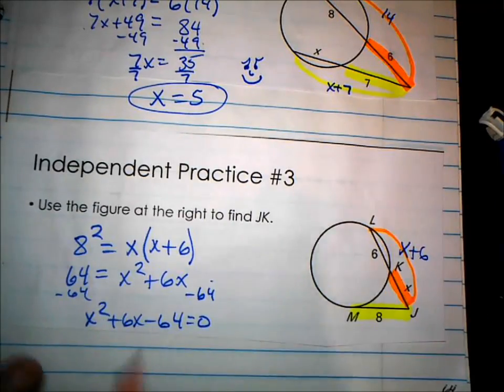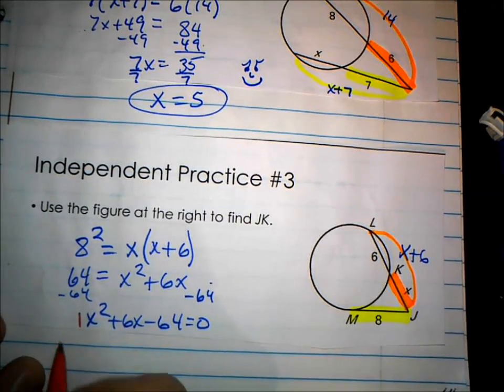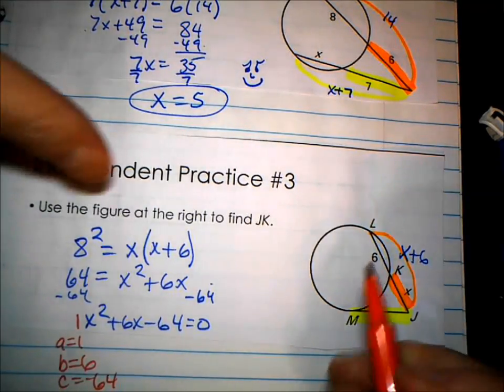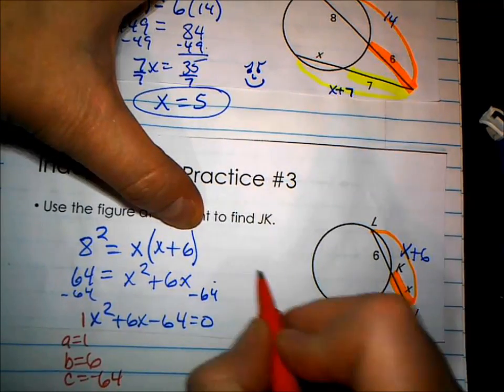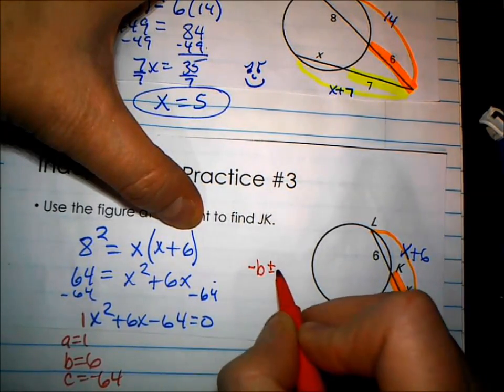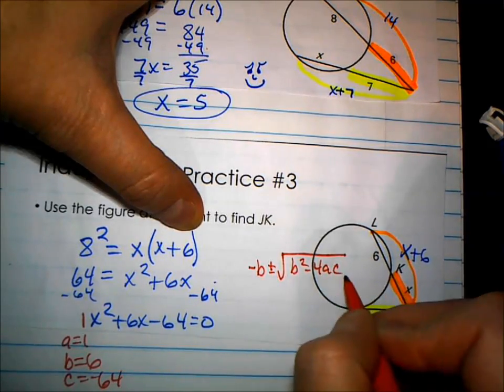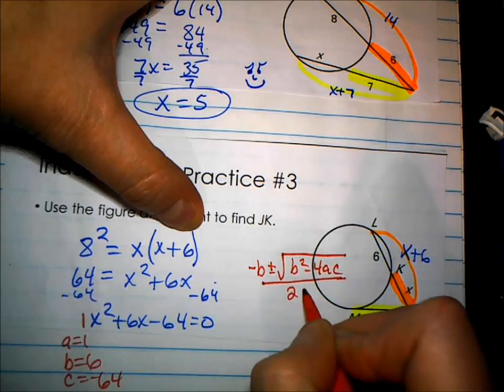Okay, filling this in, that means this will be my A, B will be a 6, and C will be a negative 64. So I'm going back to my formula. Opposite of B, plus or minus square root B squared minus 4AC, all divided by 2A.